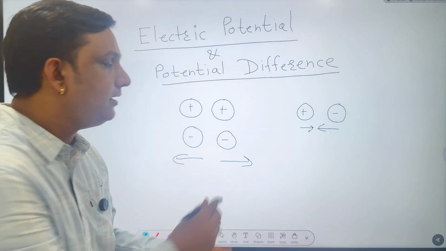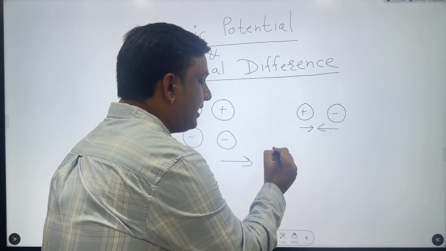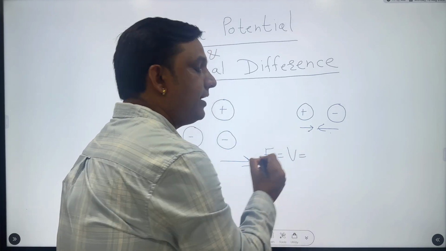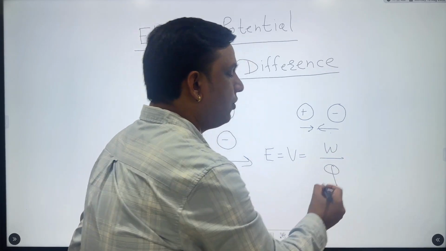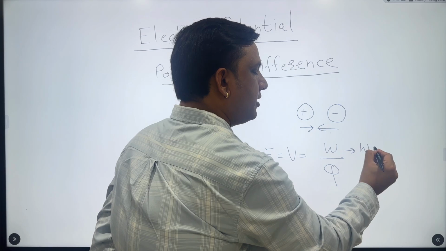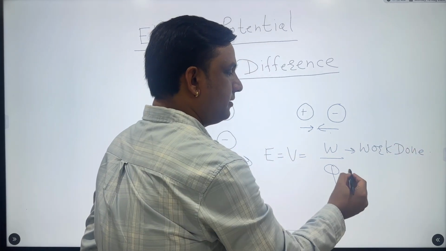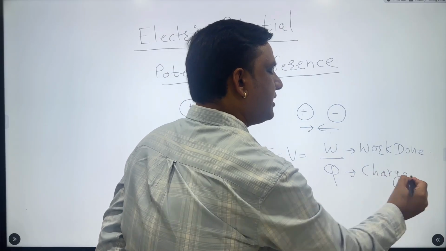And how is it defined? The electric potential, which is also called voltage, say electric potential E, which equals V, is equal to W divided by Q, where W is the work done by the charge and Q is the charge which has done the work.